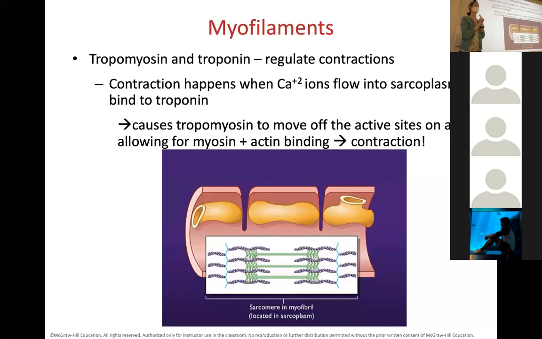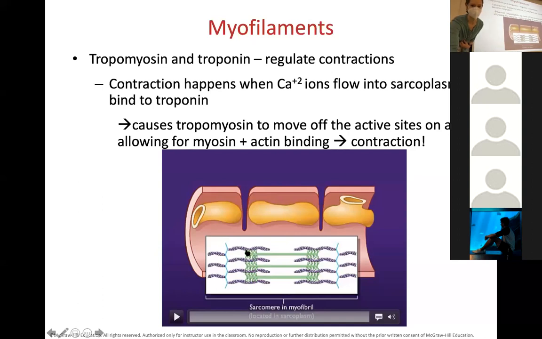That moves the tropomyosin off of the active sites so actin and myosin can actually bind. That's kind of hard to imagine, but on these actin filaments you have that troponin and tropomyosin, and it needs to be moved out of the way in order for the myosin to bind to the actin and allow for that contraction.